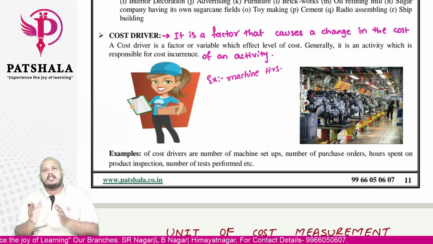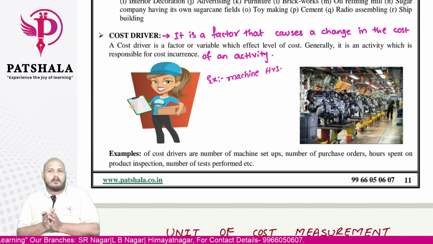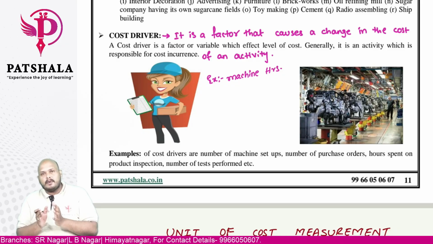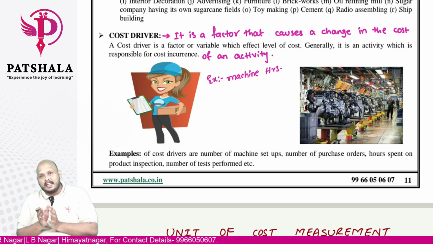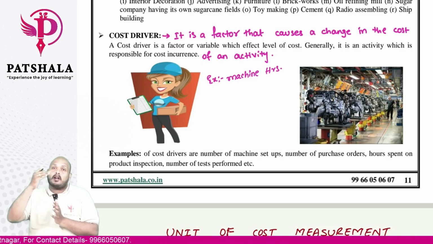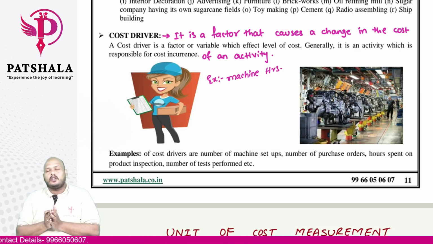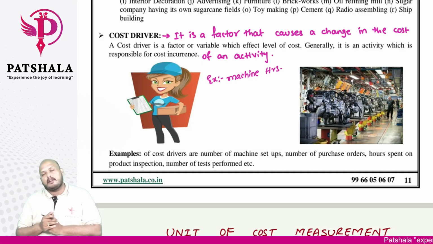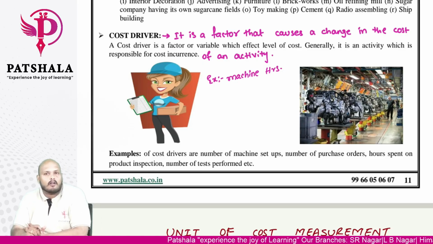So here machine hours is called a cost driver, because it indicates that the more hours you consume, your various costs also increase, like labor worker charges, electricity consumption, repairs and maintenance. So this is the example for cost driver.